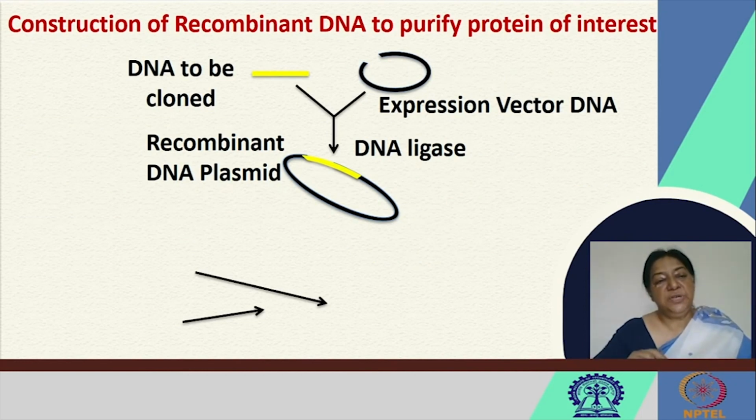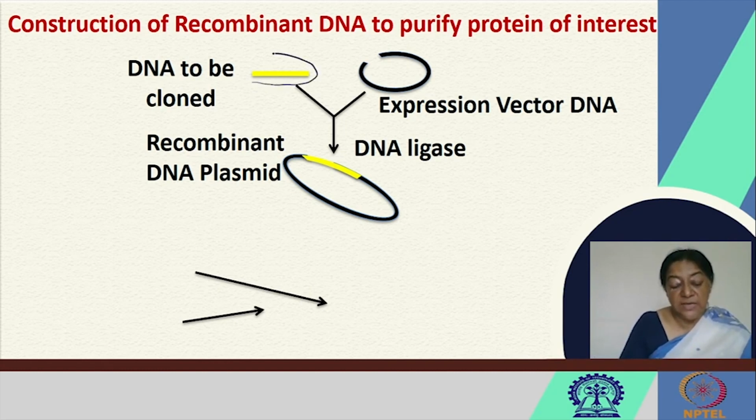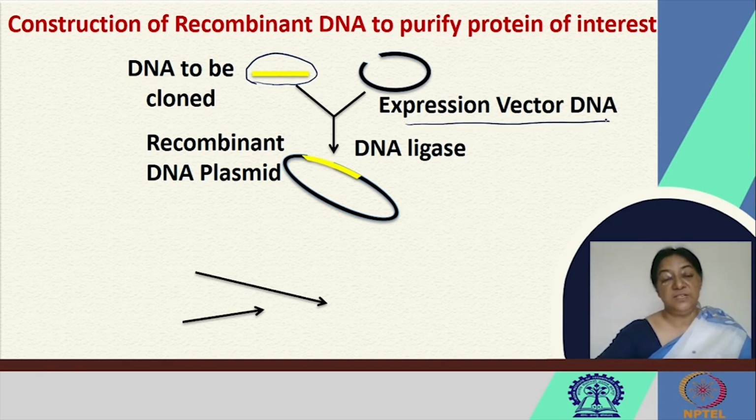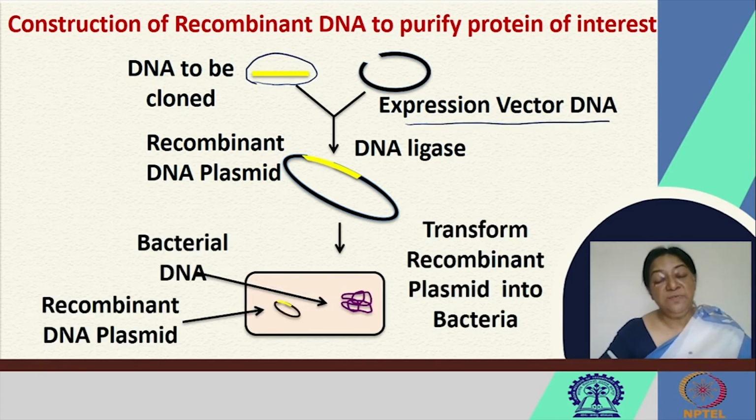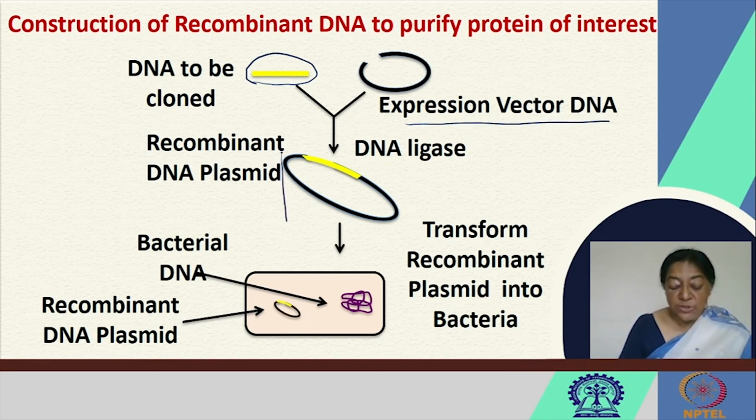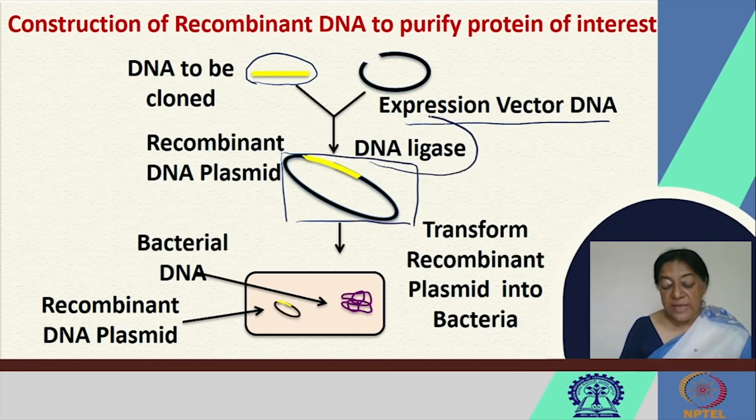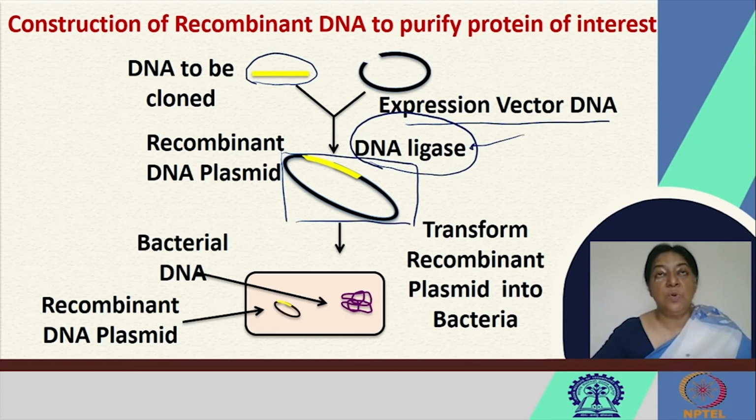In our expression here, we have the DNA that is to be cloned, and this is our expression vector DNA. The expression vector DNA is used to create what is called a recombinant DNA plasmid. This is done by the use of an enzyme called DNA ligase, and we will see what ligase means when we come to our topics related to enzymes.